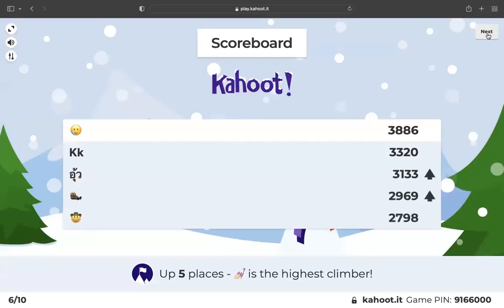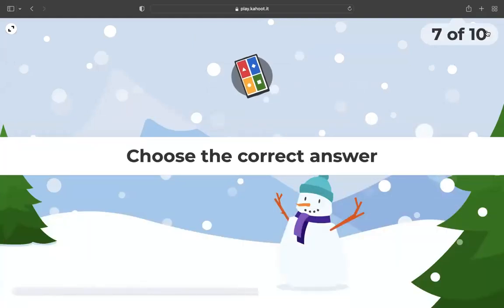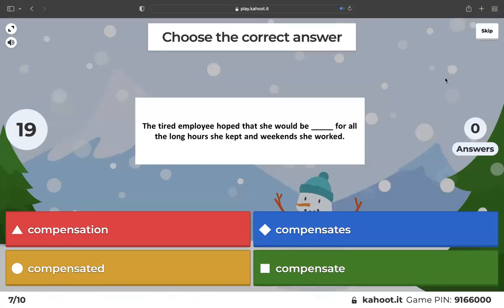Oh, the language is changing. For the next one, choose the correct answer. The trial employee hoped that she would be for all the long hours she kept and weekends she worked. What would you answer between compensation, compensated, or compensate? Which one is the correct answer? In 3, 2, 1.